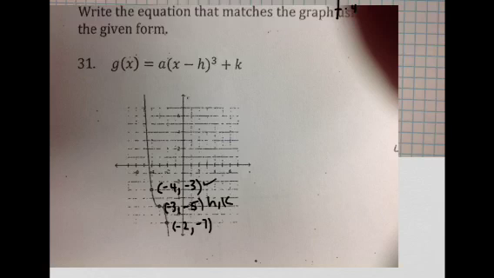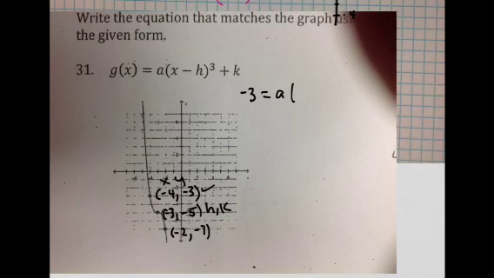So g of x is y. So remember, this is x and this is y. So -3 equals, I'm looking for a, x is -4, h is -3, cubed, don't forget to cube, plus k.